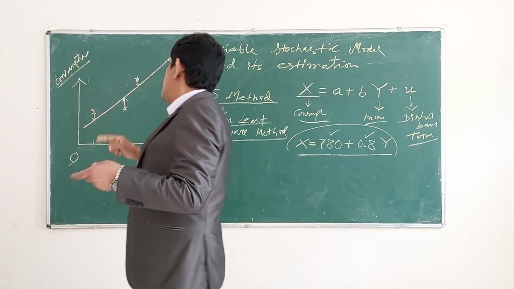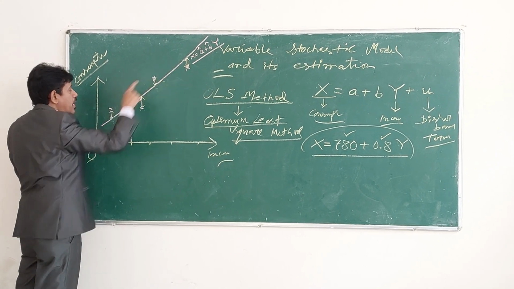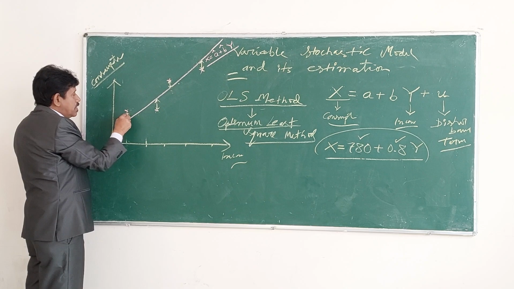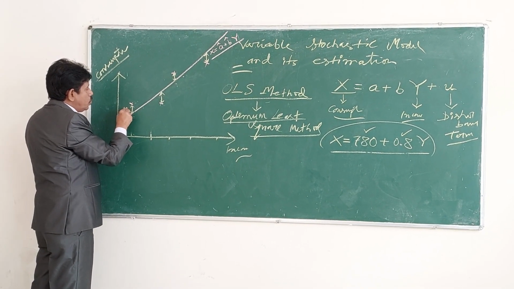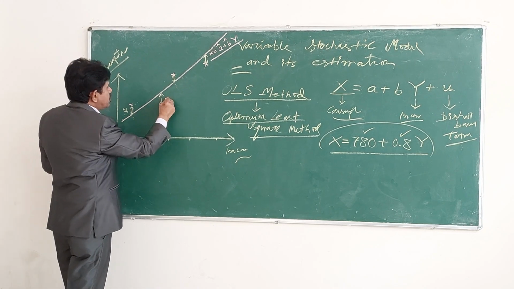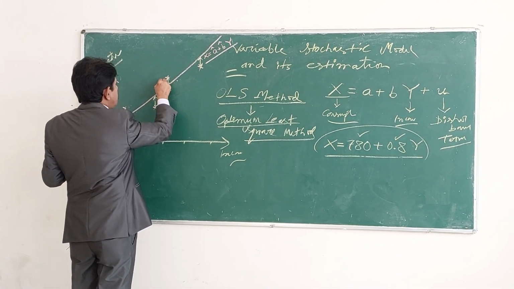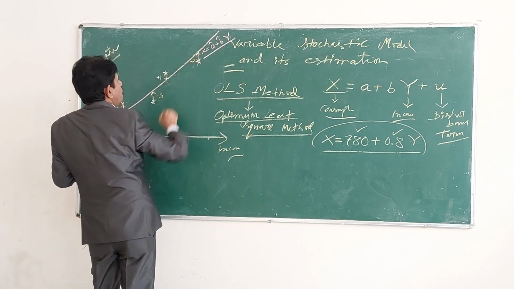Let us suppose this deviation is positive, these are negative. There are two positive deviations, two negative deviations. Let us say the first deviation is plus 2. This deviation is minus 3. This deviation is plus 1. And this deviation is minus 2.